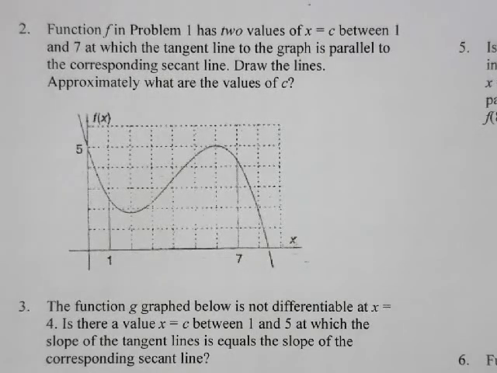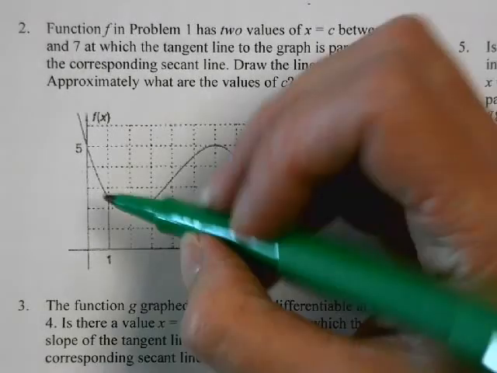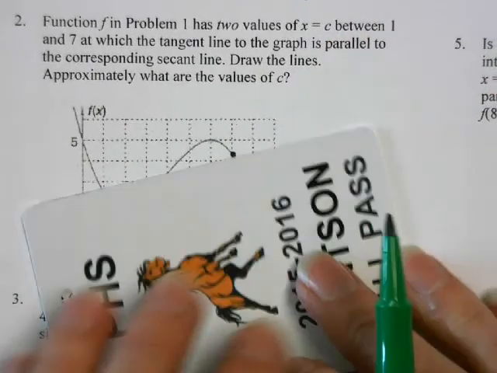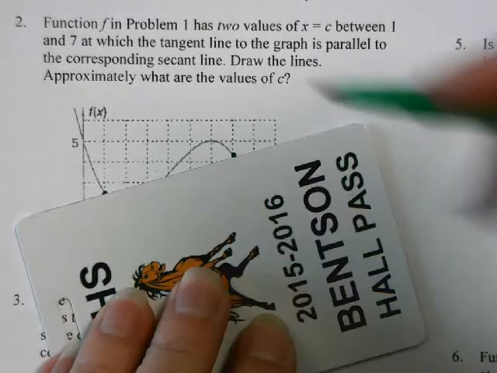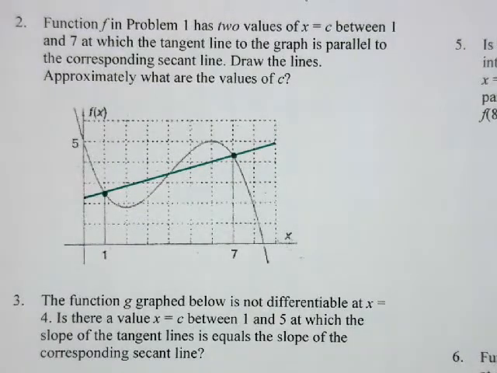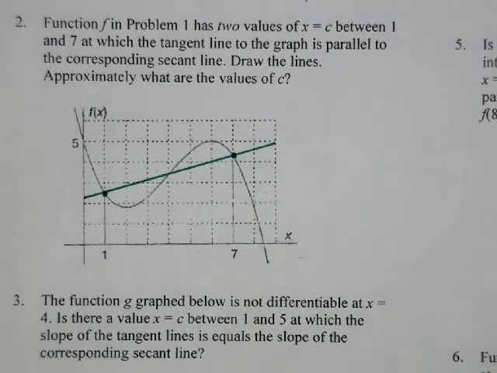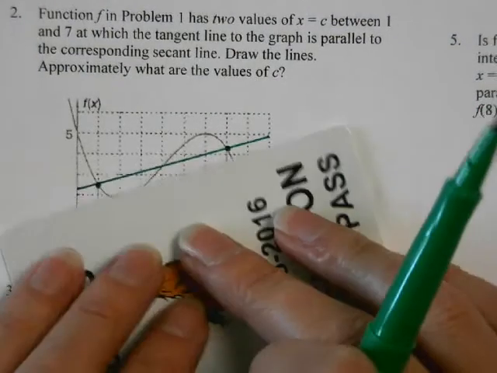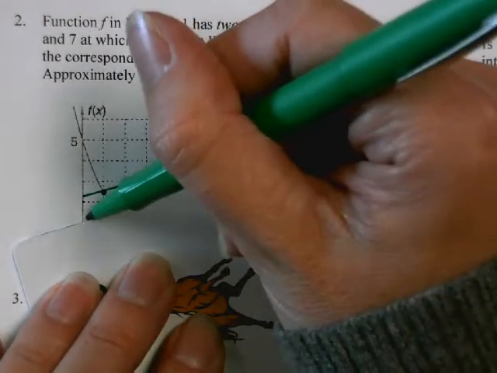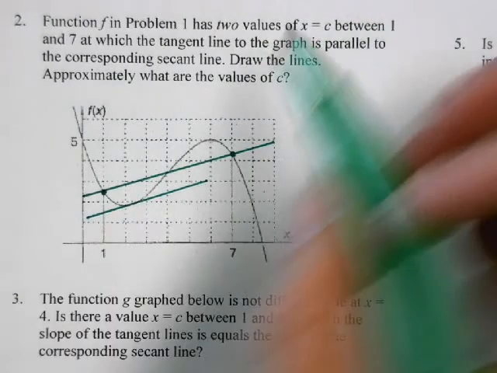Number 2 here says the function has two values between 1 and 7 where the tangent line is parallel to the secant line. So here's 1, here's 7. We're going to go through and draw the secant line. So there's two locations that have the matching slope. There's the one, if I go down here, that line's going to be parallel.